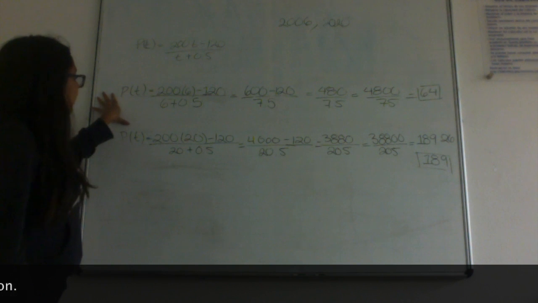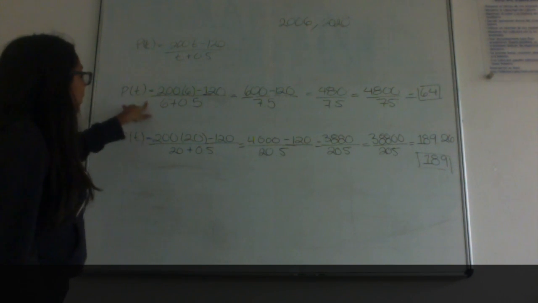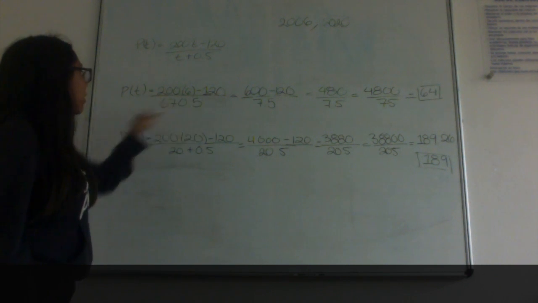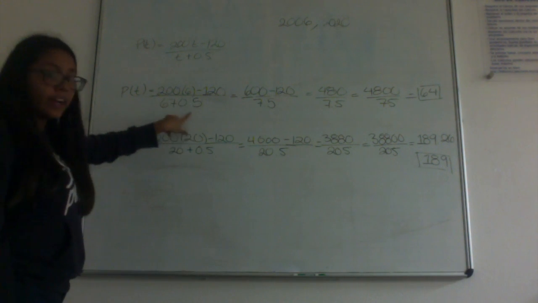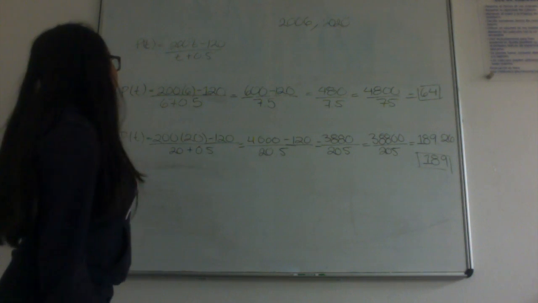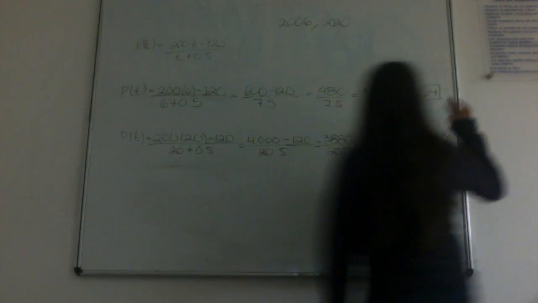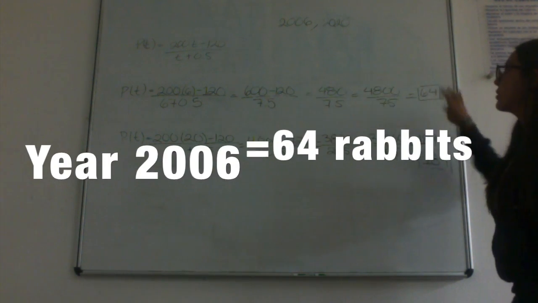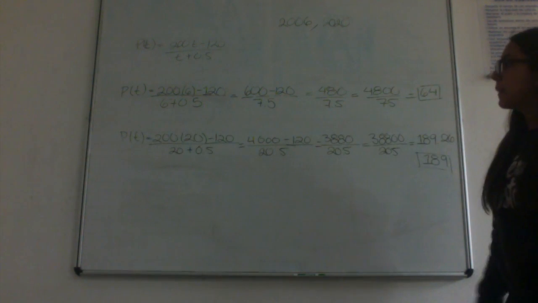We evaluated in our function, 200 times 6 minus 120 over 6 plus 0.5, and we got 64. So the population in 2006 was 64 rabbits.